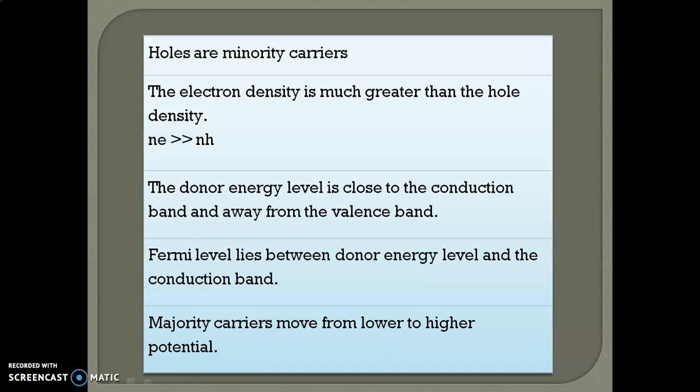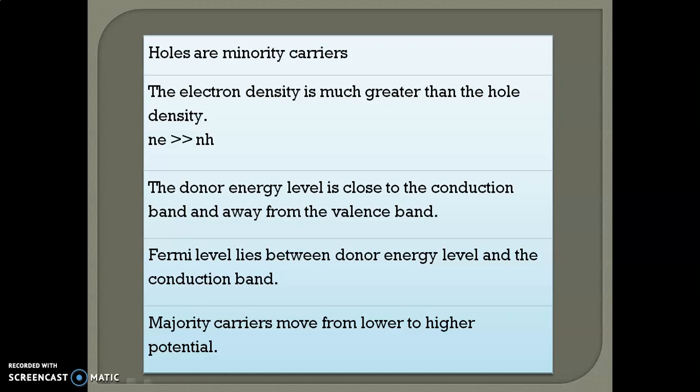In the N-type semiconductor, the majority carriers move from lower level potential to higher level potential. And also, the holes are minority carriers.